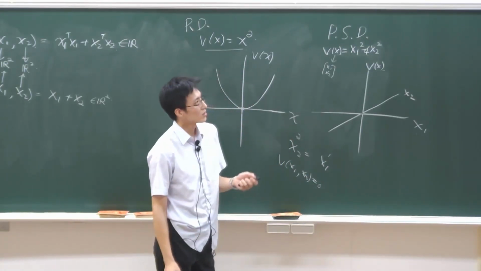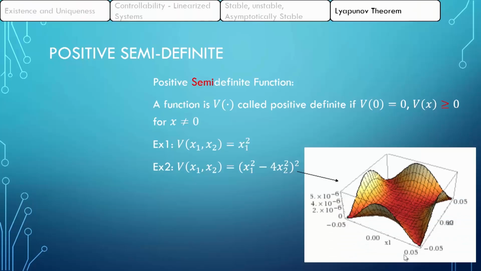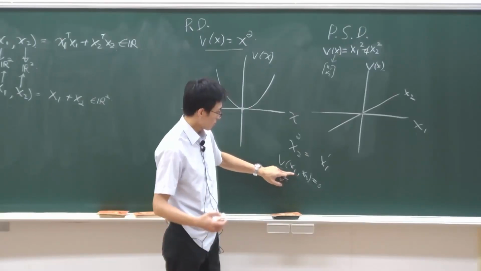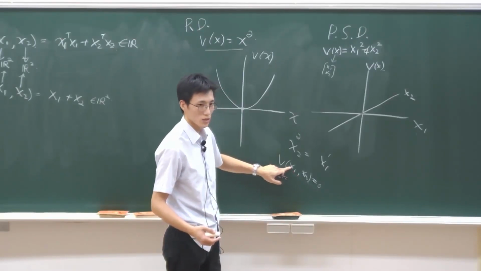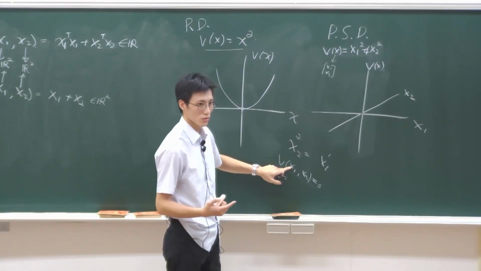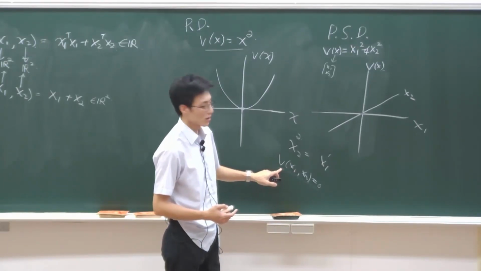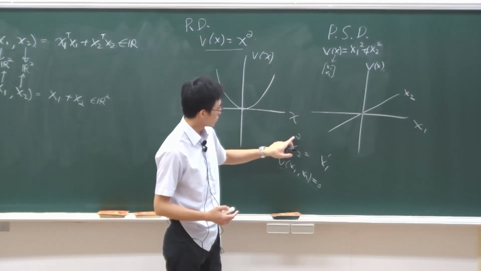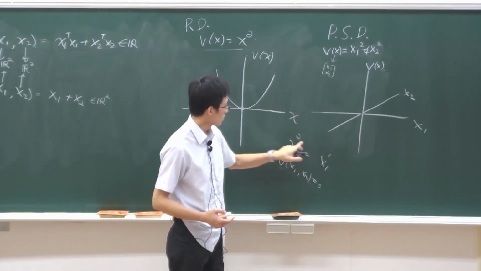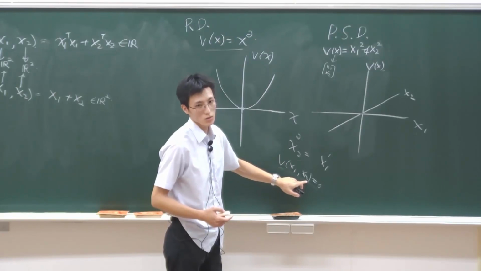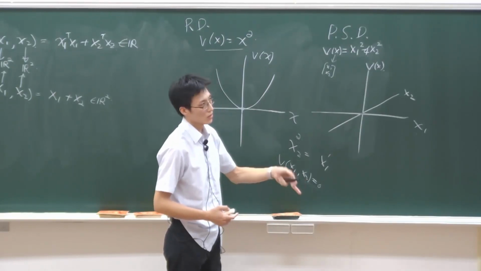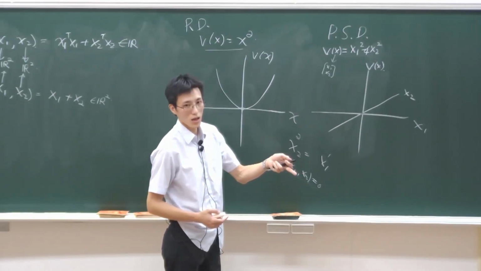But why is this semi-definite? Because for a positive definite function, the only argument at which it is 0 has to be the origin. Only at one location, which is 0. But here, at places other than the origin, like x equal to 1, 2, it is also 0.